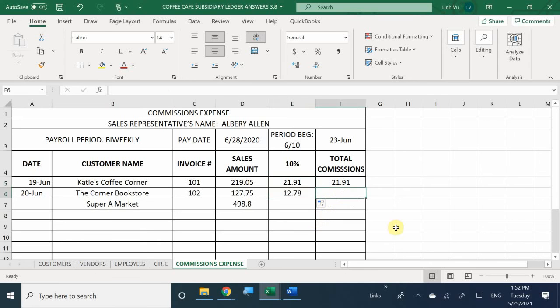Okay, so this is where I want you to create a running balance. As of the 20th, the second one that he delivered, I want you to tally up your running balance. So you take your previous amount of $21.91 and add $12.78 to it to give you a total of commissions.